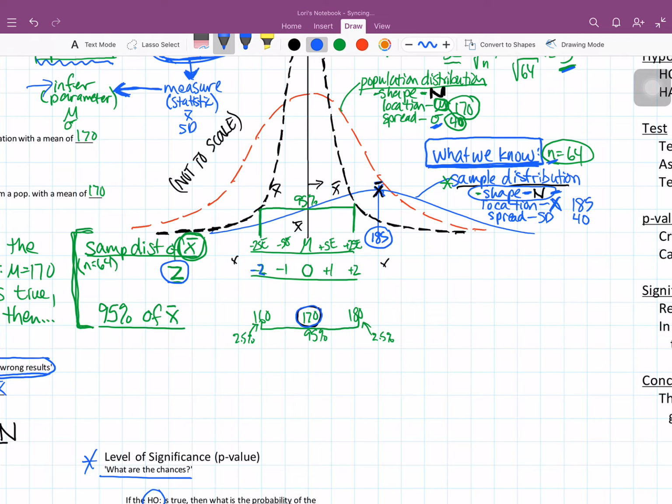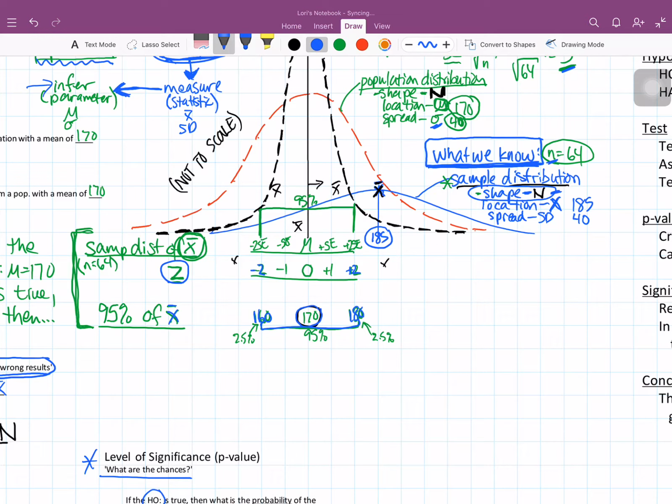So in this case, a z-value of -2 is equal to 160. A z-value of +2 is equal to 180. And so we're expecting 95% of the time that our sample mean will fall between those two numbers.